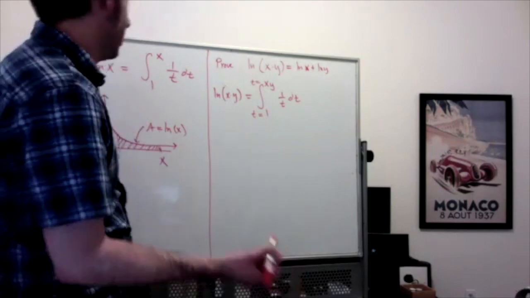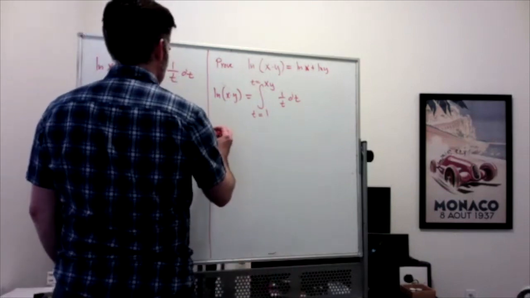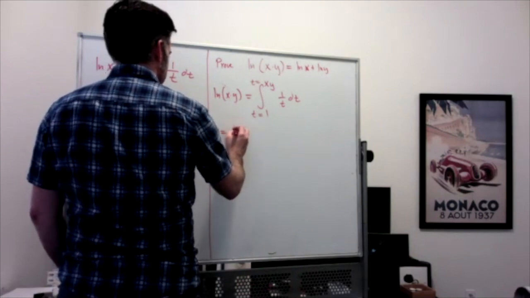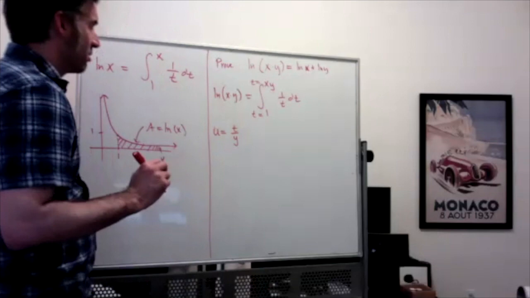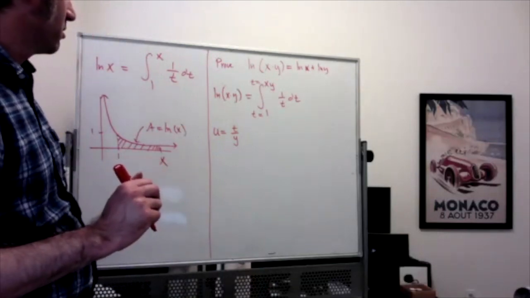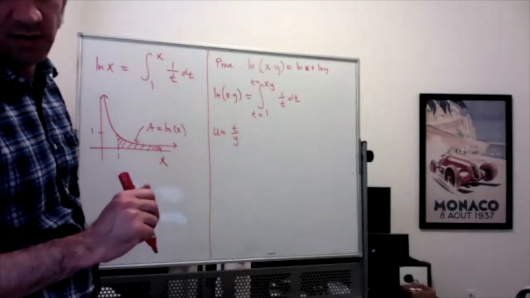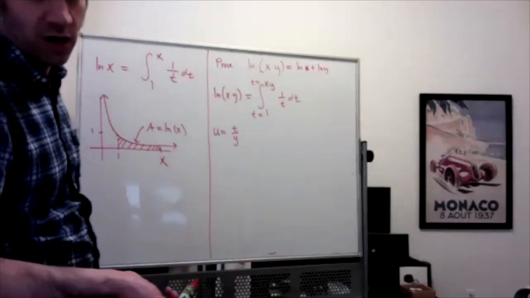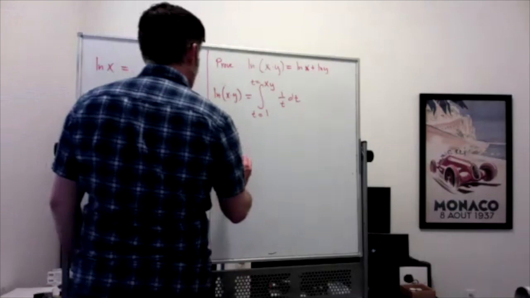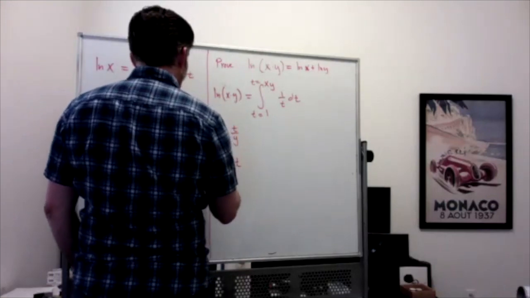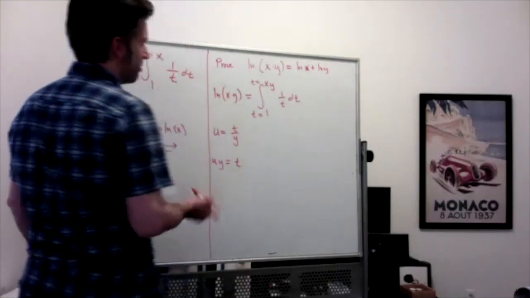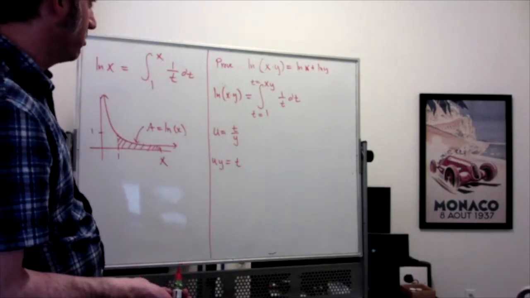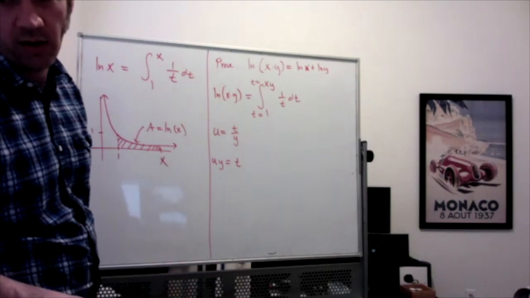Okay, here's what I'm going to do. I'm going to let u equal t divided by y. I think that's right. Let me double check. These problems are always weird. So that means t equals u times y. Yeah, that should work out all right.